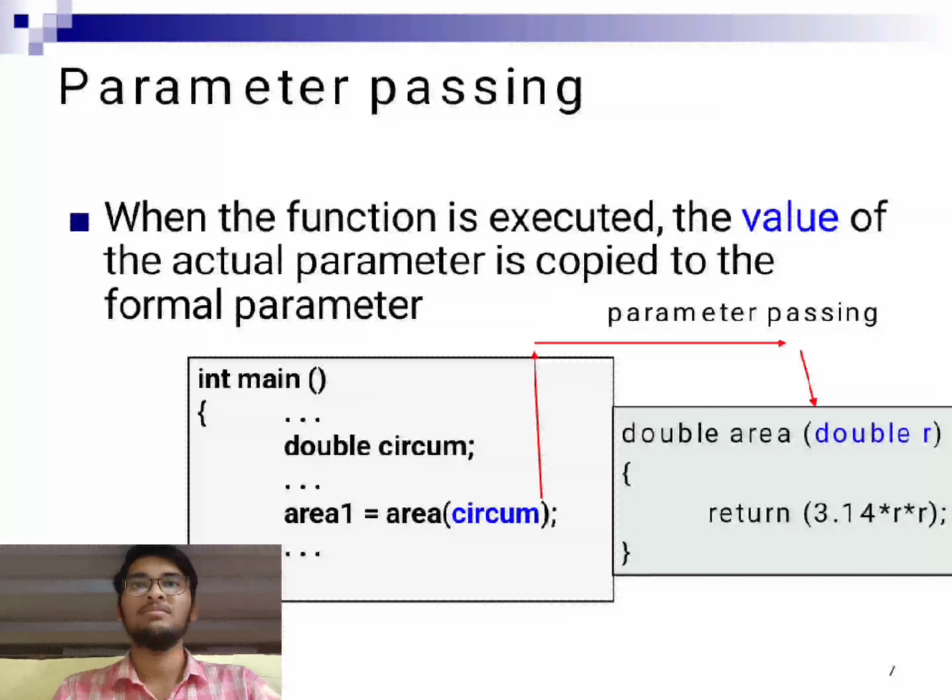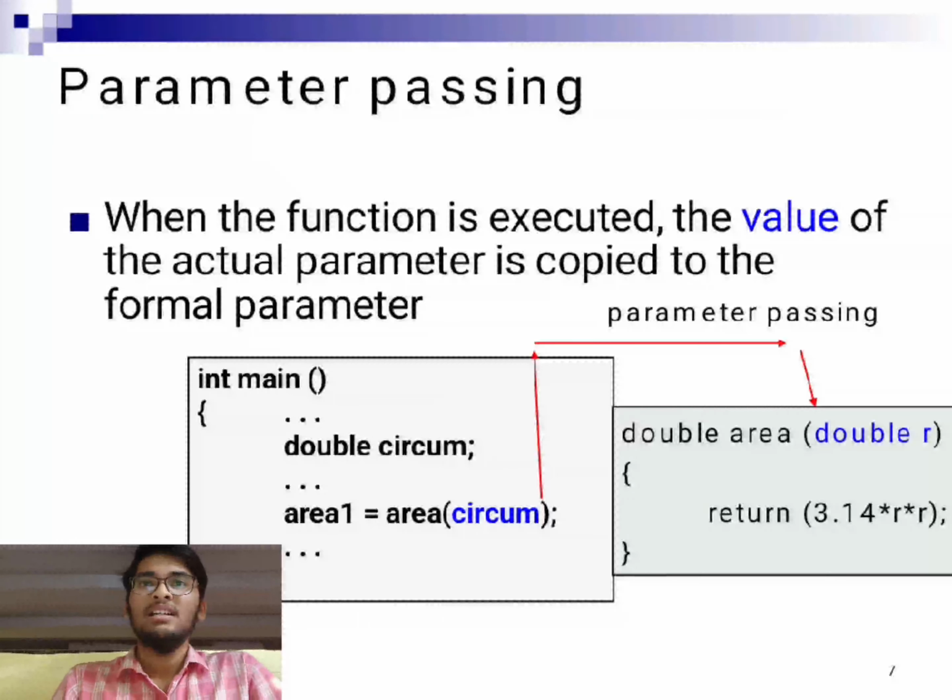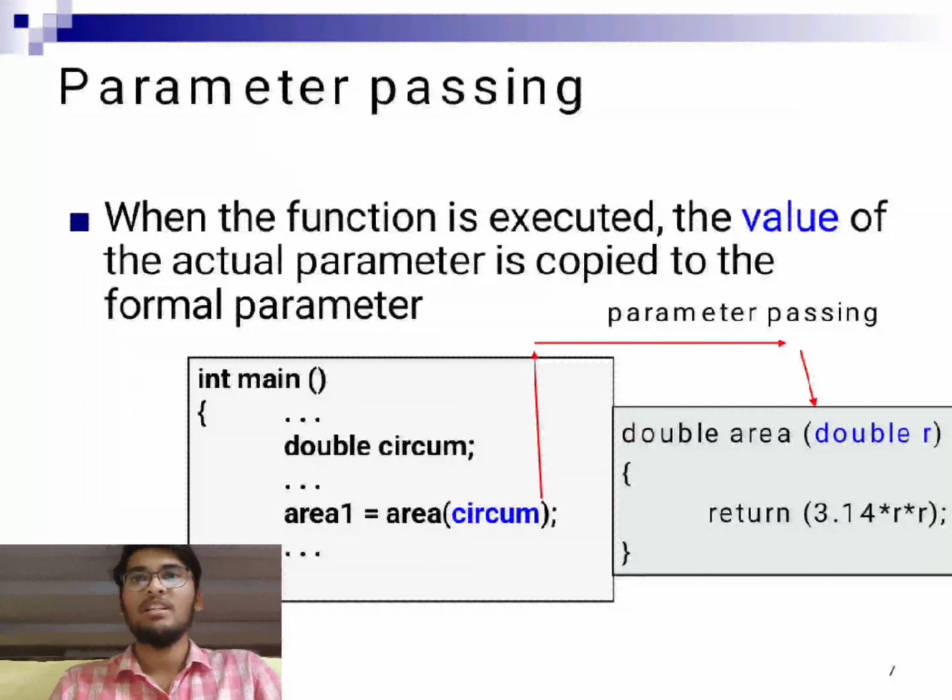Passing parameters. Let us see how to pass parameters in functions. When the function is executed, the value of the actual parameters is copied to the formal parameters. Let's see what actual and formal parameters are. For this, let us see the code.